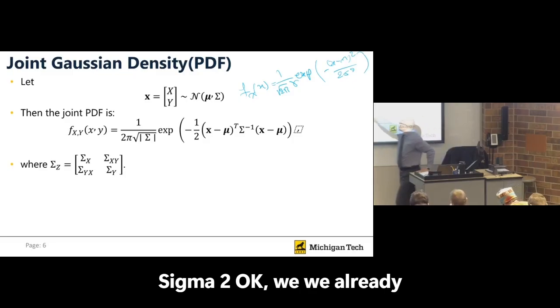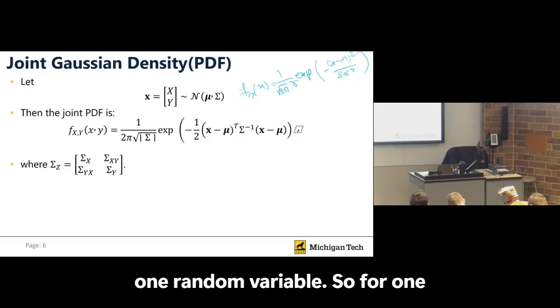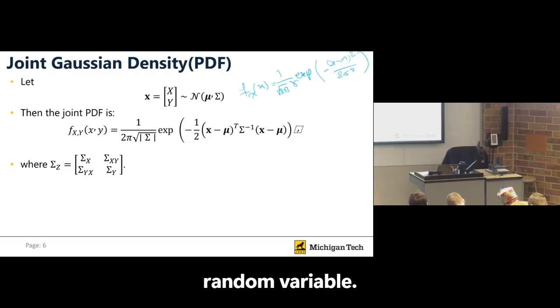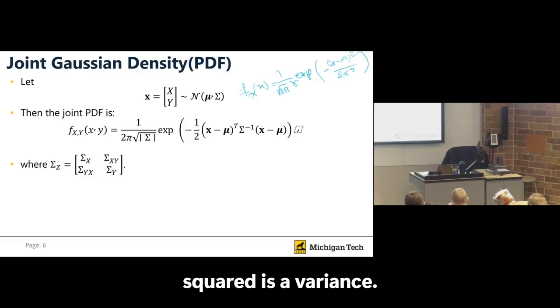Okay, we already explained that blue one. That's for one random variable. So for one random variable, a Gaussian PDF is like that, showing that bell shape. And sigma squared is the variance, and mu is the mean.